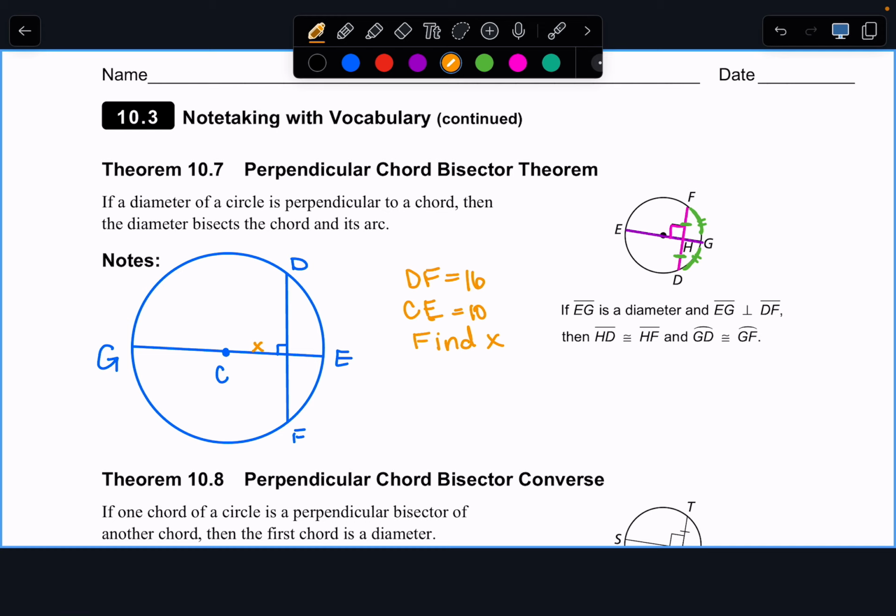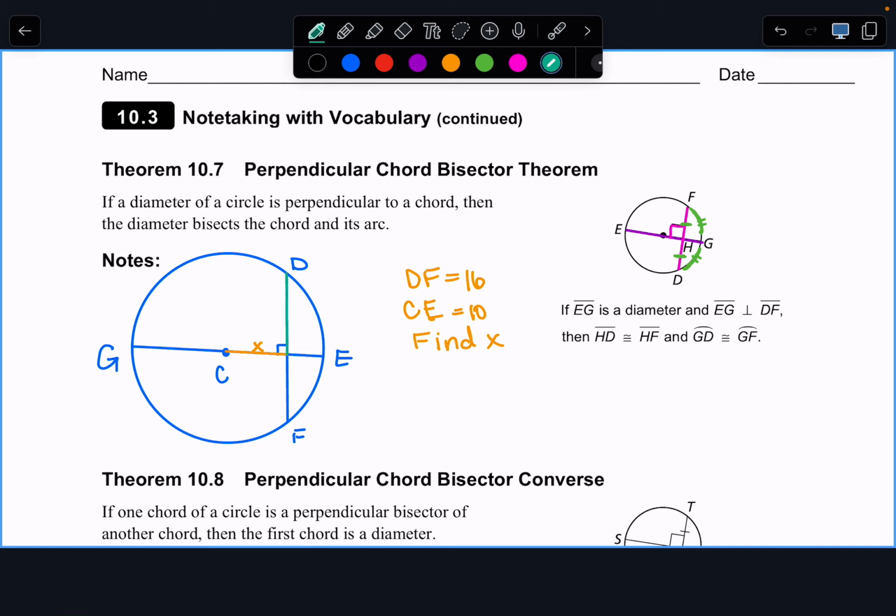Okay, we are trying to find X, which is this orange piece right here. Does anybody have thoughts about how we are going to find X? What do we know about this chunk right here?